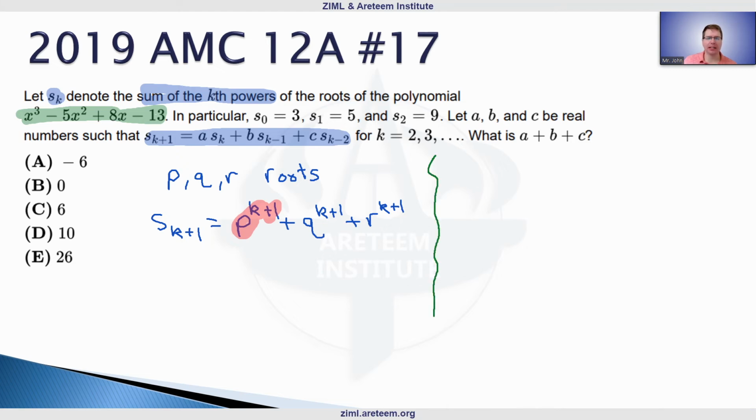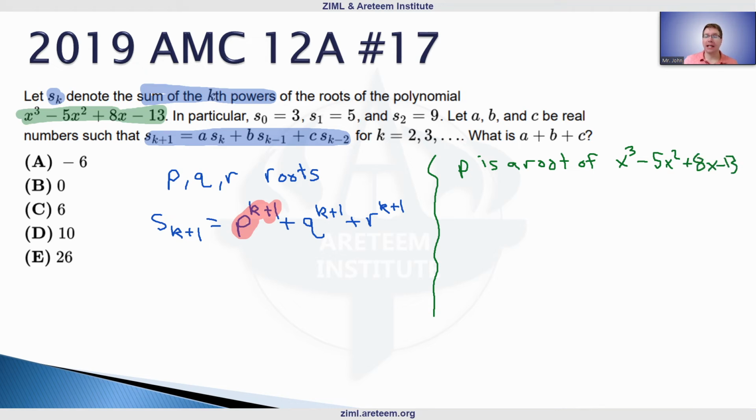So let's write this down. What does it mean that p is a root? I'm going to write this all out because I think it's good to emphasize and keep that clear. What does it mean to say that p is a root of x cubed minus 5x squared plus 8x minus 13?